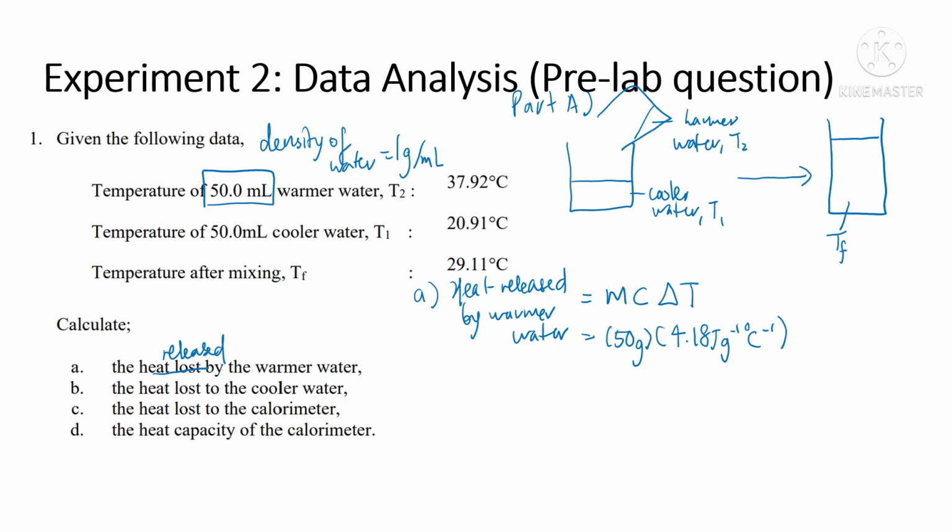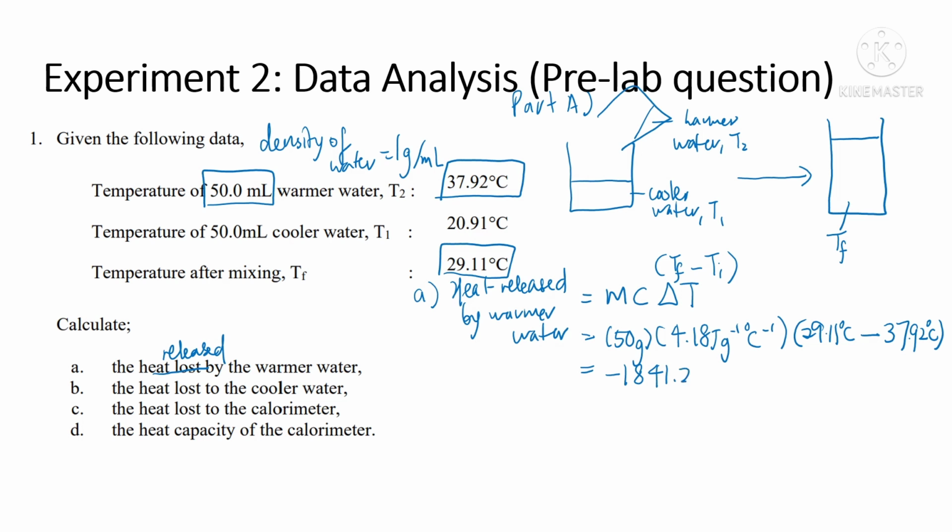To calculate change in temperature, we use final temperature minus initial temperature. The final temperature after mixing is 29.11 degrees Celsius minus the initial temperature of warmer water, 37.92 degrees Celsius, giving us the heat released by warmer water equal to negative 1841.29 joule.